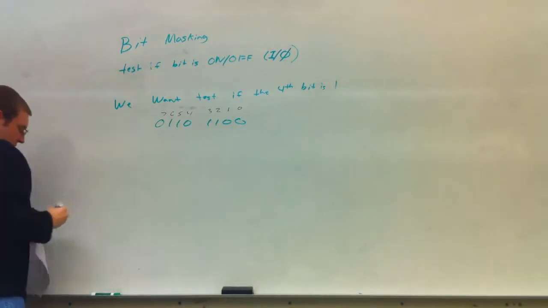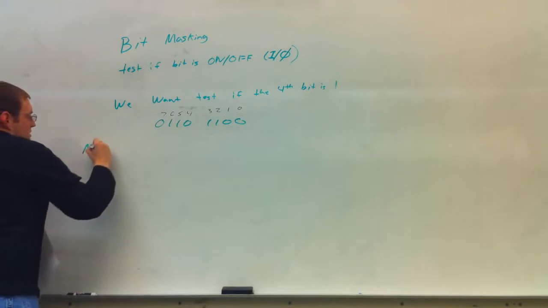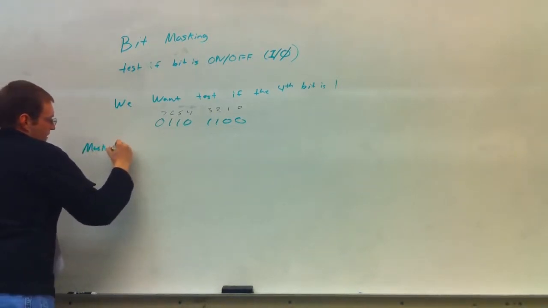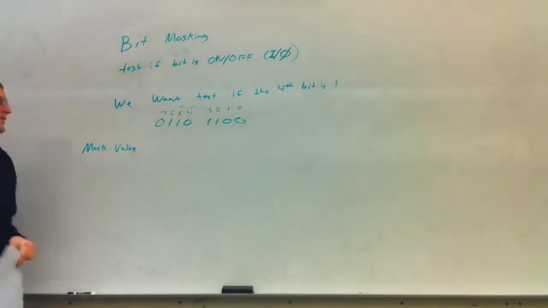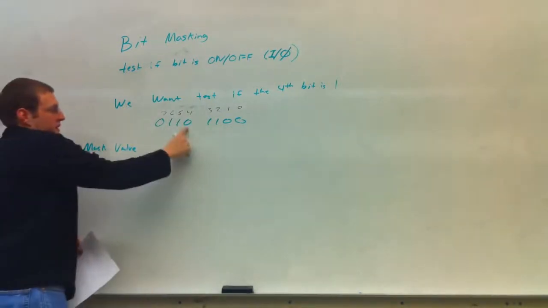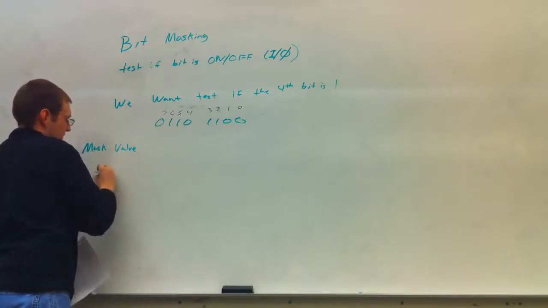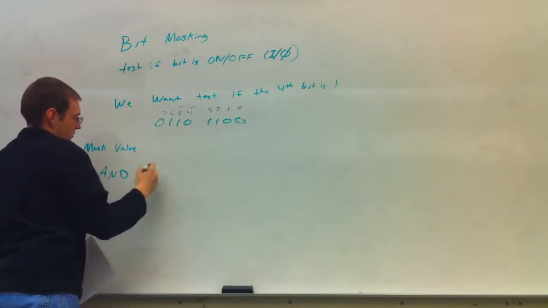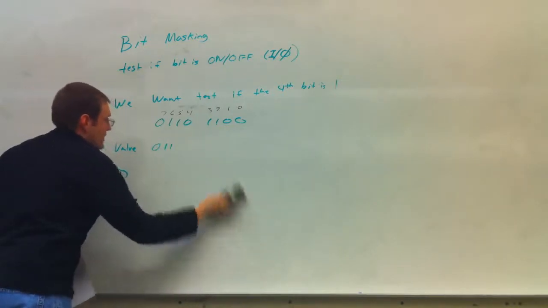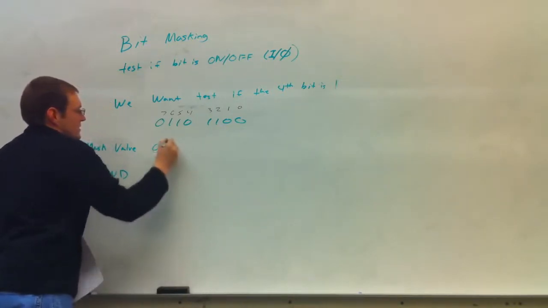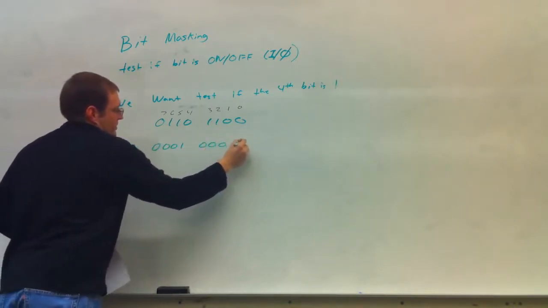So then I'm going to make a mask value. You want to test that this bit here is 1. What I can do is AND the value with my mask, 0, 0, 0, 1, 0, 0, 0, 0.